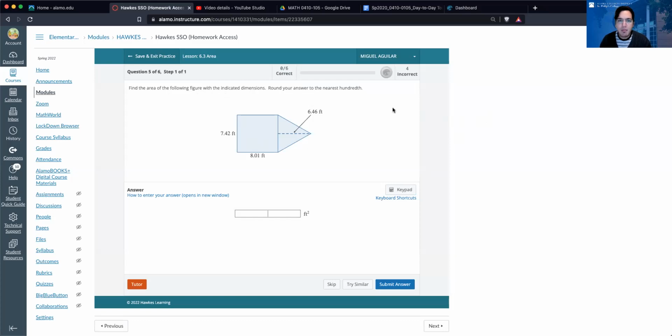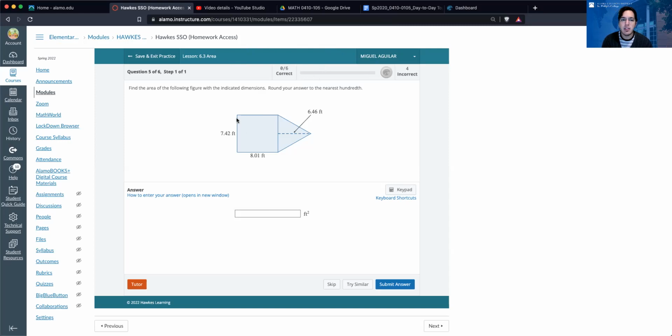So if we are trying to find the area of this thing, we have to think about, okay, Mr. Aguilar only gave me formulas for certain kinds of shapes, right? We looked at triangles, rectangles, squares, parallelograms, trapezoids, okay? So what we need to do here is say, okay, if that is all I have to work with, can I break this figure up into a couple of those shapes, right?